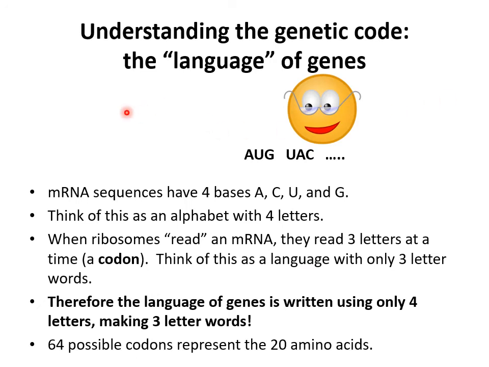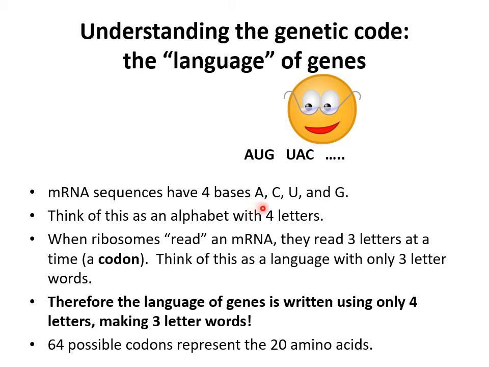To understand the mRNA information, you have to understand the language of genes. So I already mentioned that DNA has 4 different bases, A, T, C, G. The RNA copy that is made during transcription is similar.